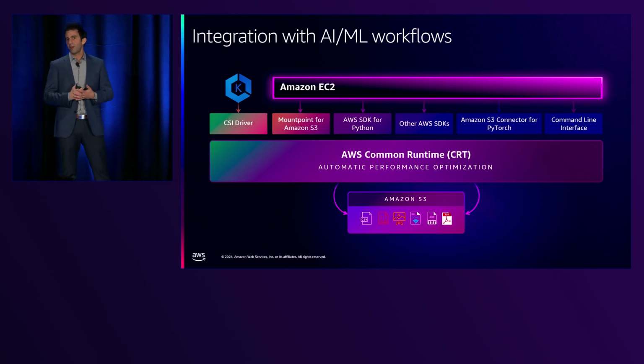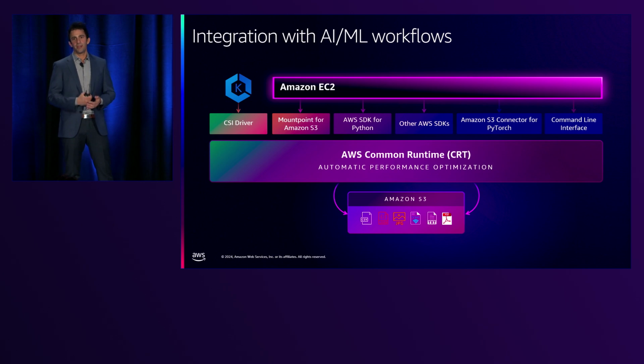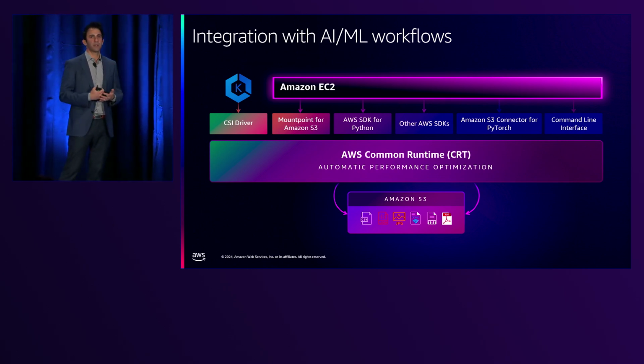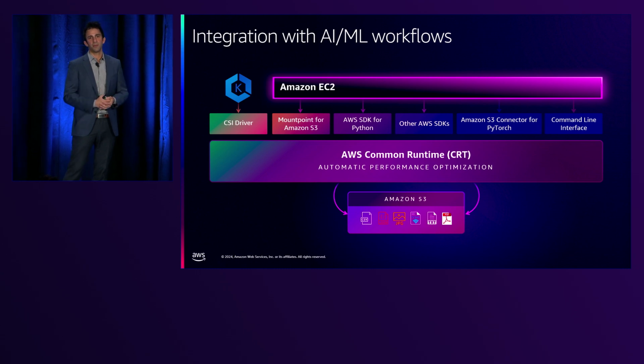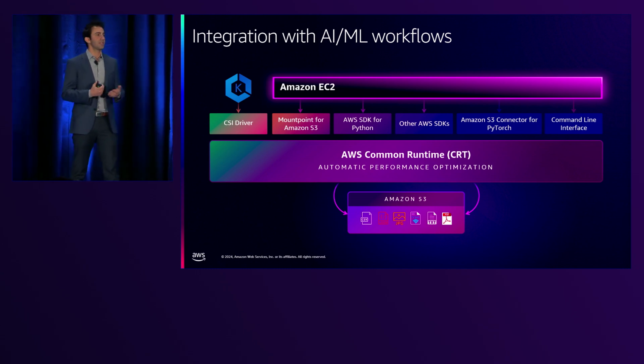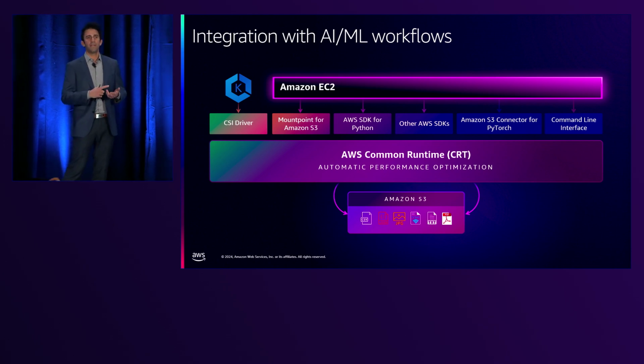This is where we've worked really hard over the last few years to make sure that Amazon S3 is compatible with the most popular workflows that our customers are asking us to help them with when they're building their generative AI applications. That means for Amazon SageMaker, we have file mode and fast file mode that allow you to load data directly from your S3 data lake into your GPU instances.